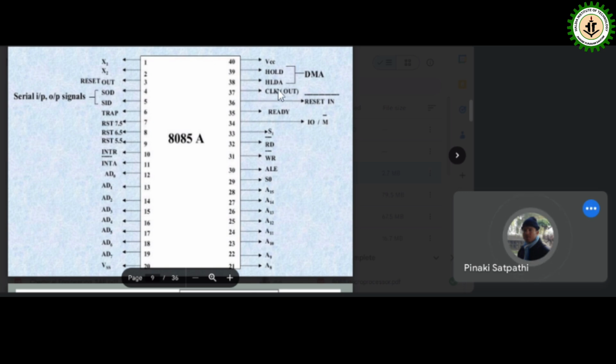Next are the interrupt and externally initiated signals. The first signal is our ready signal. What is the function of the ready signal?